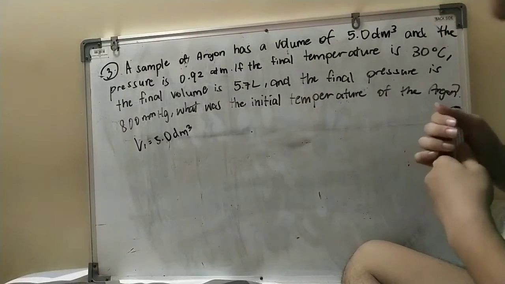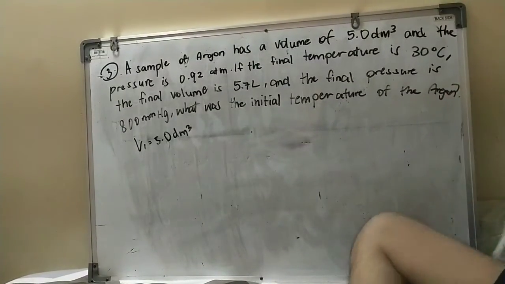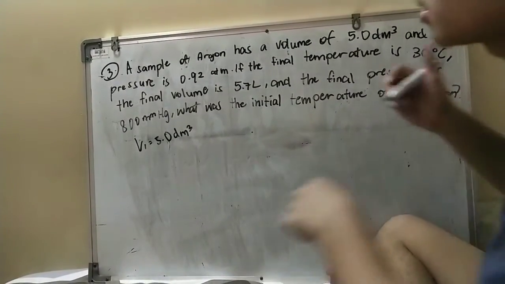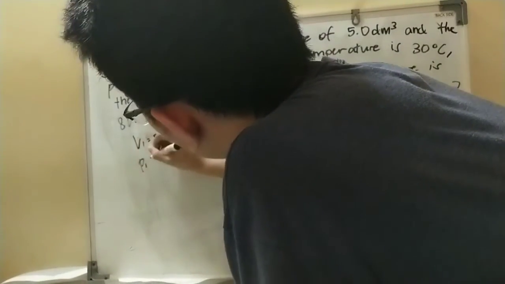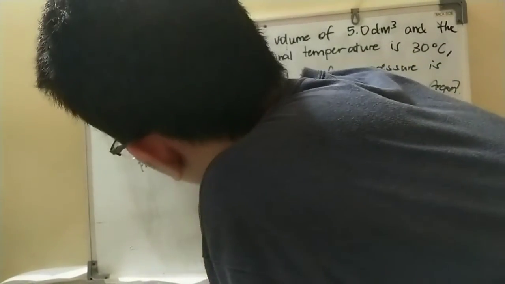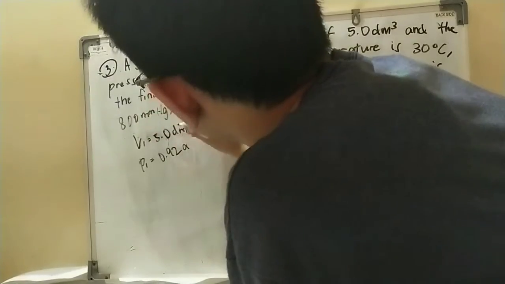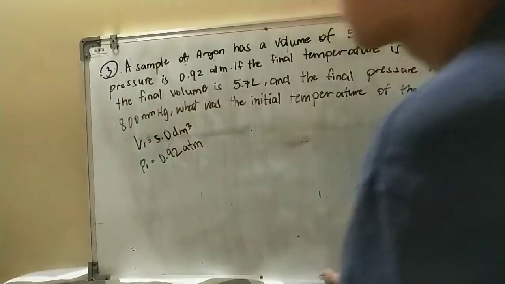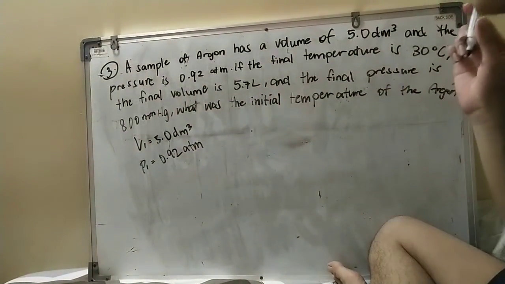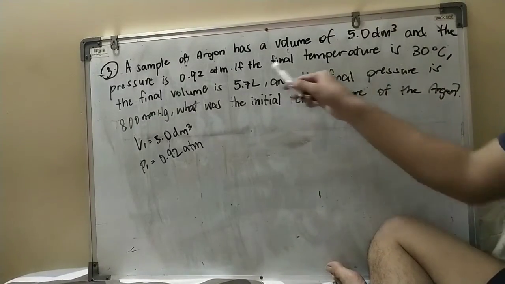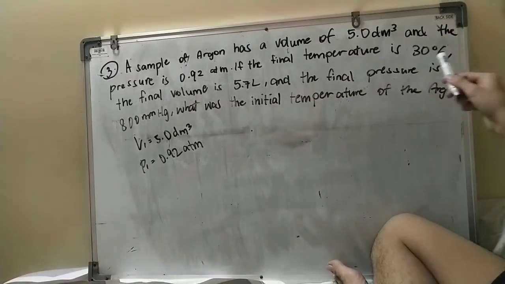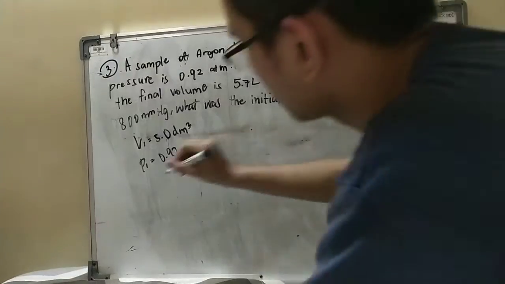Our next value is our initial pressure, which is 0.92 atmosphere. Our third value, we can then see, is final temperature, which is 30 degrees Celsius.